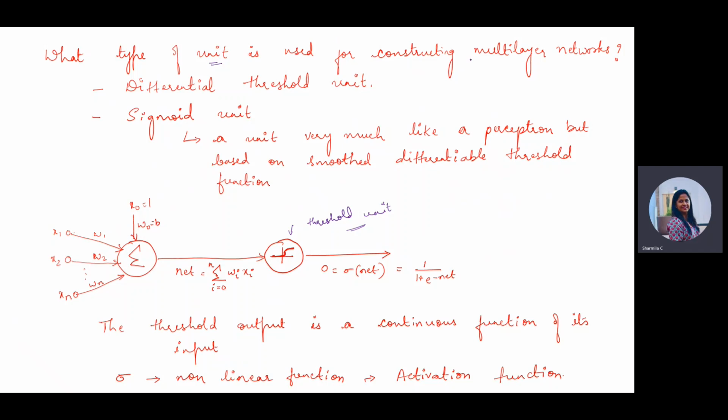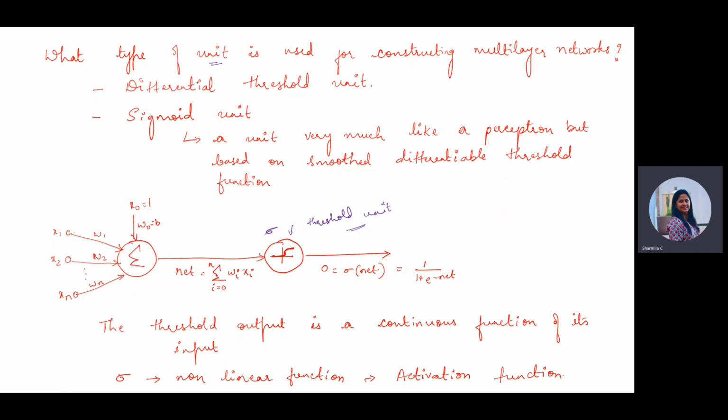Here the unit we are going to consider is a differentiable threshold unit or non-linear threshold unit. So we'll be using a sigmoid unit or a sigmoid activation function, a unit very much like a perceptron but based on a smoothed differentiable threshold function, which can be differentiated. The threshold output is a continuous function of its input. Here sigma, the activation, is a non-linear activation function. The rest of the things remain similar to a single perceptron.